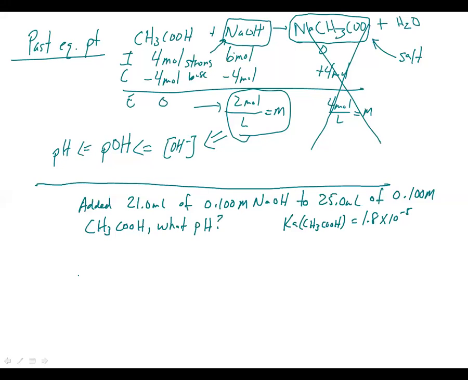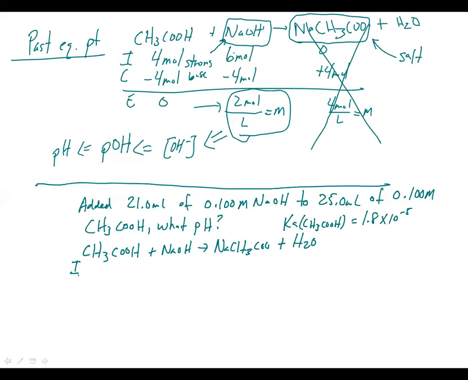So again, obviously, we've added 21 milliliters of our sodium hydroxide to 25 milliliters of our acetic acid. Again, the sodium hydroxide in the burette, the acetic acid in the beaker, the flask, whatever you like. We do need to do this in moles.